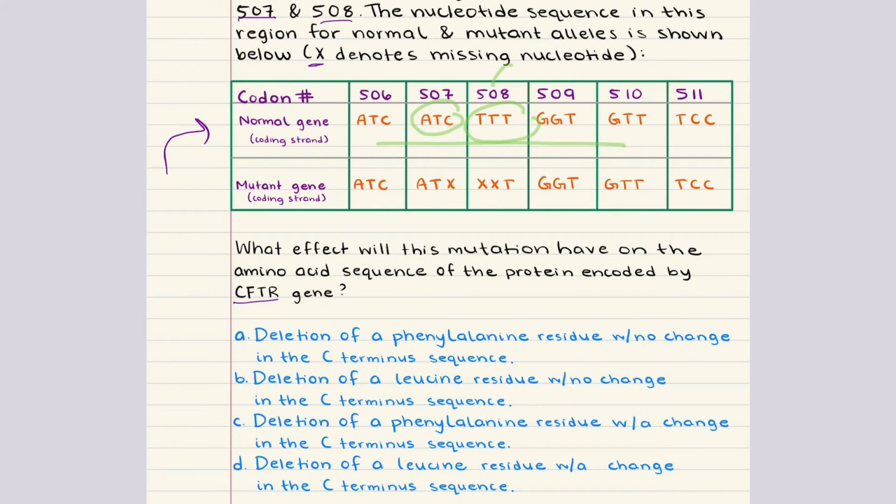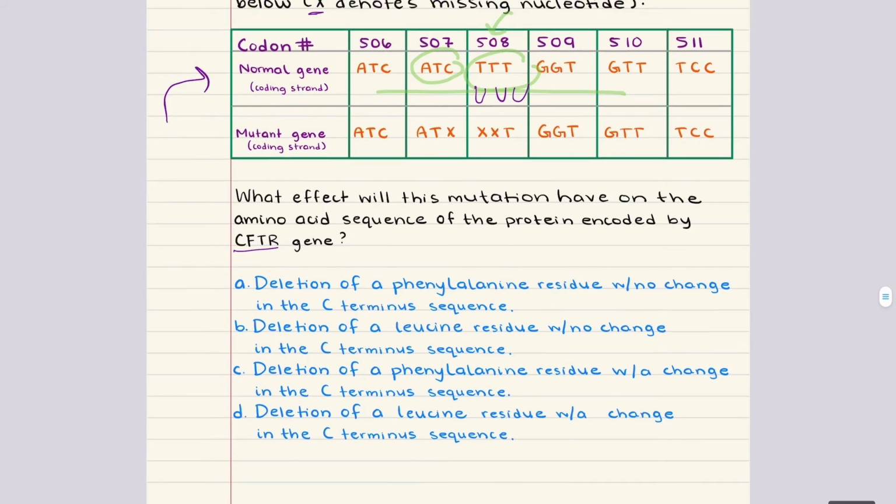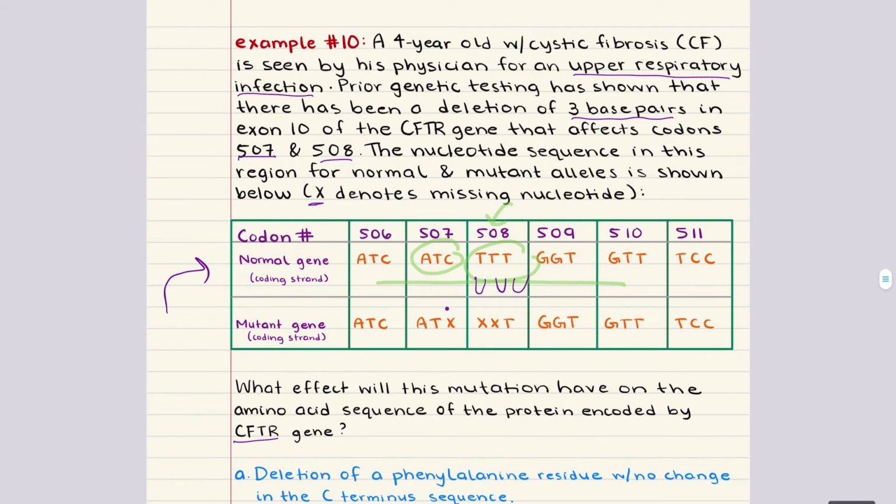Now, if we're looking at 508, TTT becomes UUU in the messenger RNA. This codes for the amino acid phenylalanine, and you can pick that up from the codon table right here. UUU is phenylalanine.